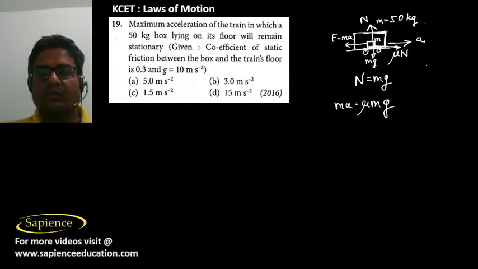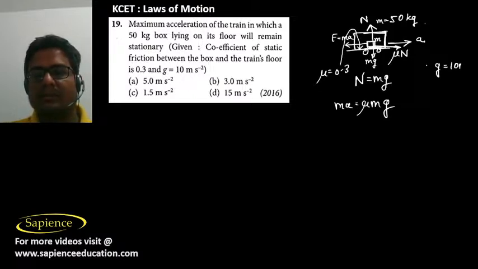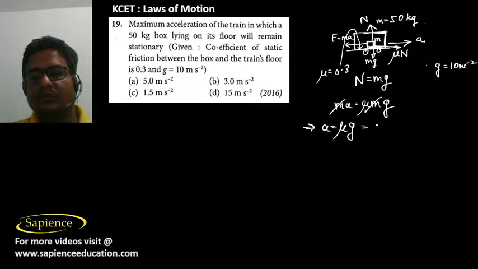And here the coefficient of static friction between the box and the train's floor is given as 0.3, and g is equal to 10 meter per second square. So here m and m will cancel, then a will be equal to mu g. Therefore acceleration will be equal to 0.3 into 10.